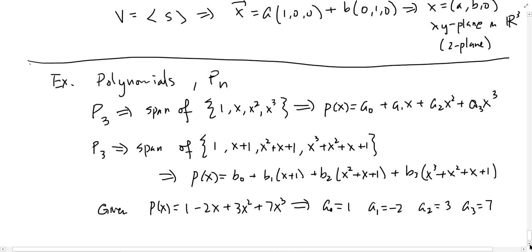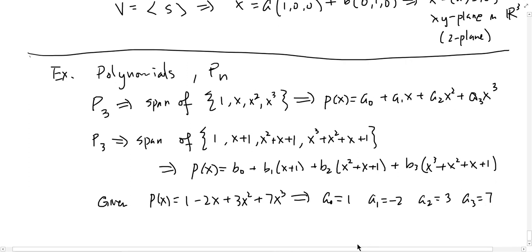And it shouldn't be too hard to understand that no matter what polynomial function I write down of degree 3 or less, you will always be able to find this set of numbers with this span that will represent it. It will be impossible for me to form a polynomial function for which I won't be able to find these 4 numbers along with these four vectors.